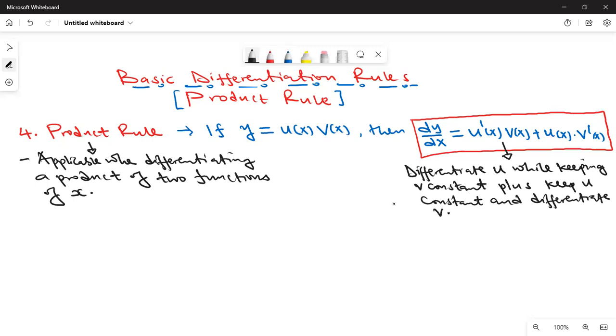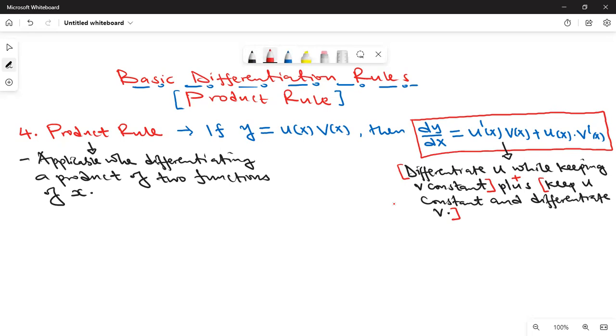That is what it means. The first part is you start by differentiating u while keeping v constant, then plus. The other part is keep u constant now, then differentiate v. Add them. The plus here means an addition. So that is what we mean by product rule.